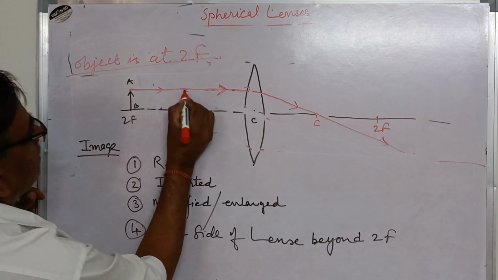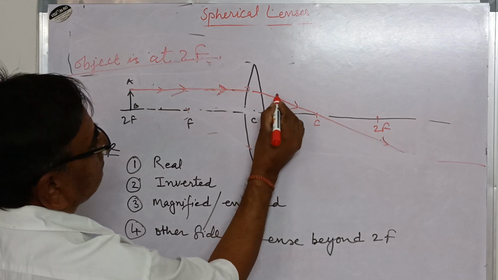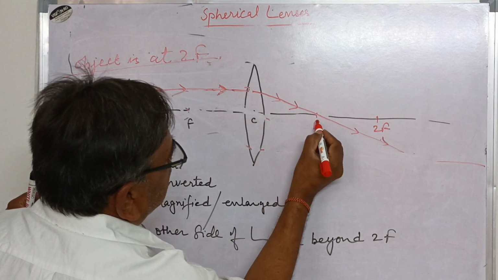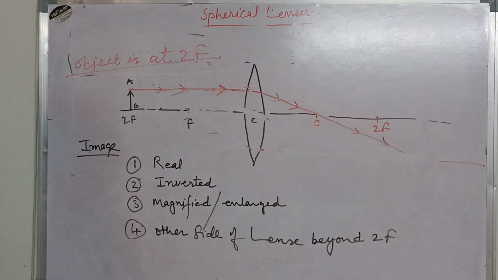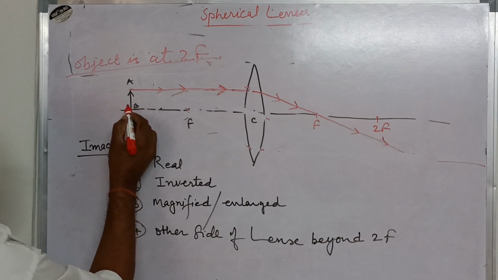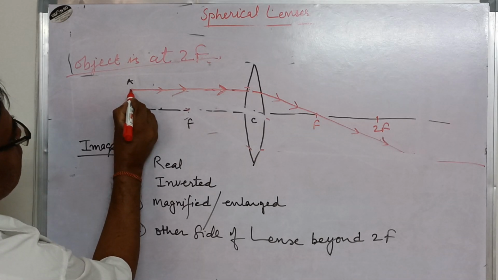to the principal axis. After refraction, this will proceed in this direction and pass from the focus. Apply the rule first. Now take the second ray, the one passing from the focus.